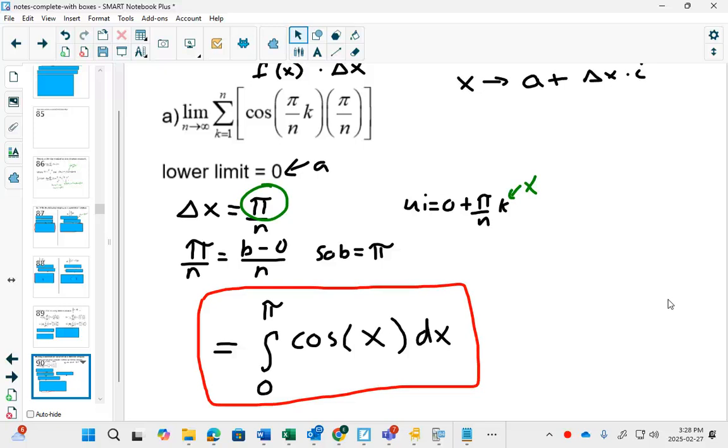Where they can really mess things up is that they play around with translations. So if I took cos of x and shifted it 1 to the right, the area would now be from 1 to pi plus 1. And I would have a cos of x minus 1 inside.